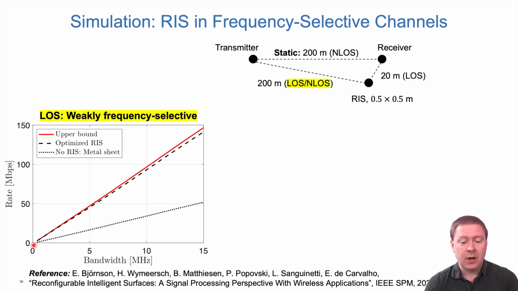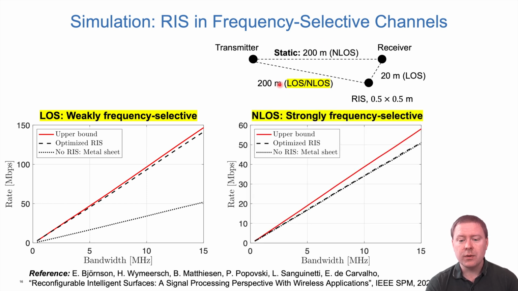Then we have the dashed curve, which is what we actually can achieve by taking the signals coming from the transmitter and reflecting them in the line of sight direction towards the receiver. And it is very close, so there is not much we are losing from the extra paths around the line of sight. And then we have the dotted curve here, which is when the RIS is replaced with a metal plate that just happens to reflect the signal depending on how it is directed. And we can see that we definitely see a big gain in terms of having an RIS in this scenario.